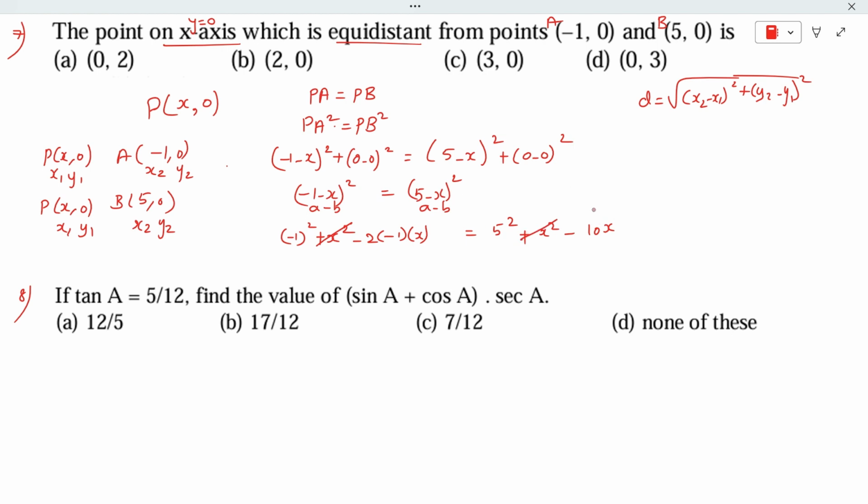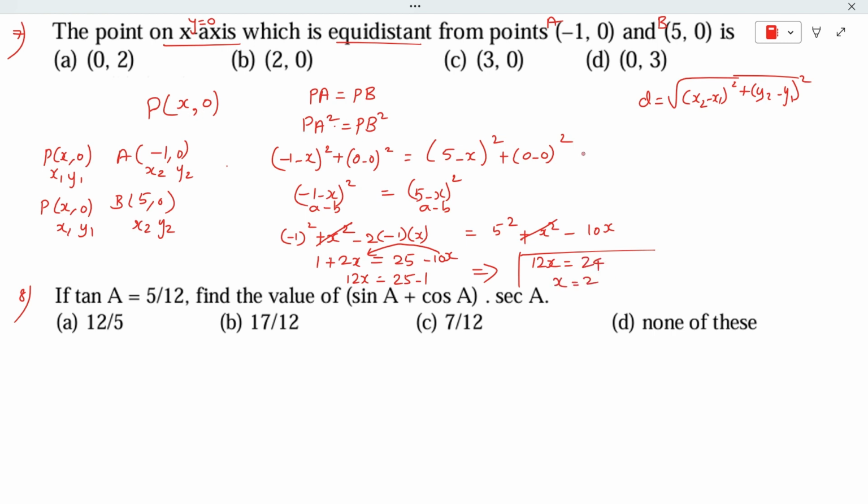So minus 1 the whole square is positive 1, and minus into minus is plus 2x, equal to 5 square is 25 minus 10x. Transposing, 2x plus 10x will be 12x, equal to 25 minus 1, which implies 12x equal to 24, x equal to 2.